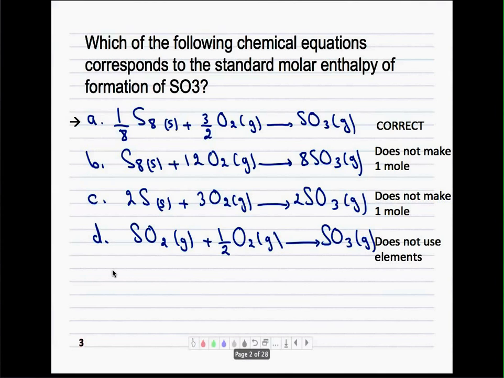So this one is wrong because we don't find S in its elemental form as S. Between these two, this one is wrong because it has 8, and by definition, the molar enthalpy of formation reaction must be for 1 mole of SO3, not 2 or 3 or 4 or 8. It must be 1. And this is definitely balanced, so this is why we chose it. The same applies if I'm asking about H3PO4 or anything that has phosphorus: the elemental form of phosphorus is P4, not P.